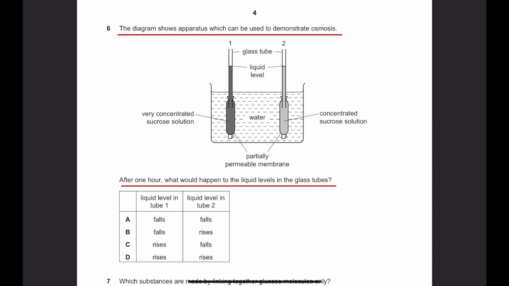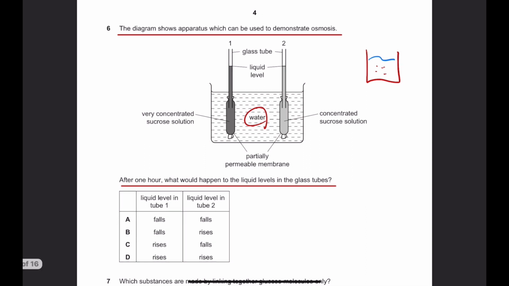And outside the solution, or outside the partially permeable membrane, there's water. And compared to the solution, water is just water, right? So there's more water in water. You can't say water solution because solution means that you dissolve something in the water. So you can't say water solution. Okay? It's just water. All right?